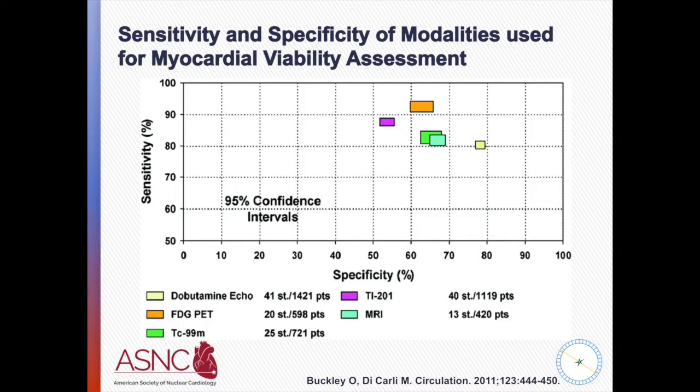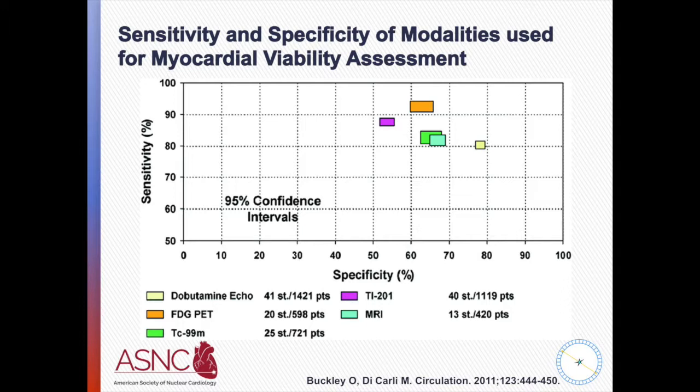So if somebody came to you and said, I want to do a thallium viability study, what would you say is the difference in your own experience between doing a rest redistribution thallium versus a metabolic study with FDG? Well, I think the advantage of the FDG, again, is that FDG is very avidly taken up by ischemic myocardium, so it's very sensitive for detecting hypoperfused, hibernating myocardium.